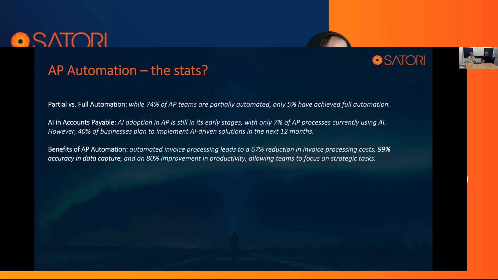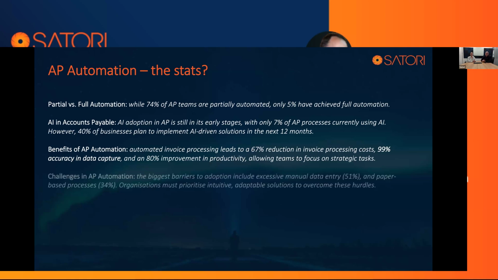So we were asking our customers, without using a monitoring tool, how would you actually know what those 100 invoices were? And that's 1,200 invoices a year potentially that could have an issue or an error. So obviously it's a huge improvement in productivity.